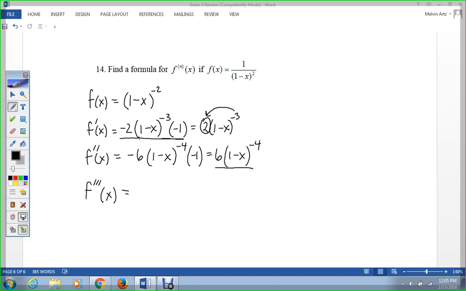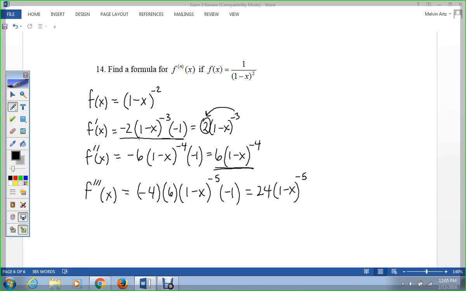Let's just do it from this right here. We would have negative 4, bring down the negative 4, times our 6, 1 minus x, now we subtract 1 from the exponent, and then multiply by the derivative of the inside. And so here we get our 24 times 1 minus x to the negative 5th power.